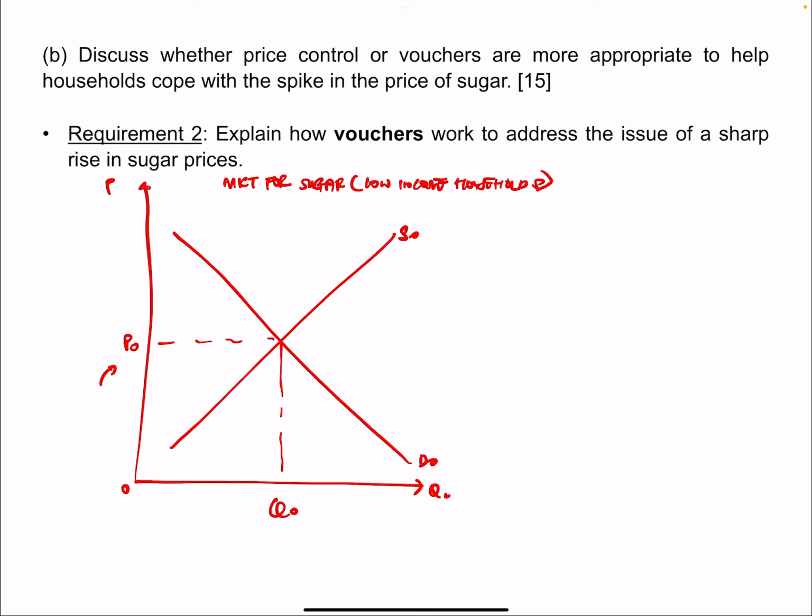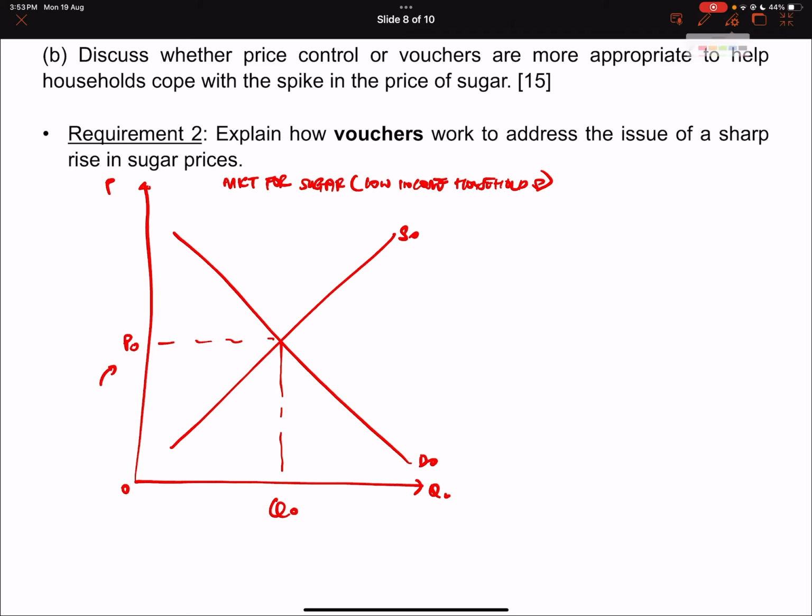Right, so what you do, you give them vouchers, which will then give them the ability to buy the sugar, because even though previously they couldn't buy at P0, now they can buy it. So then the demand curve would shift to D1 here, right? And now you have this new equilibrium where now more low income households can buy this sugar from Q0 to Q1.